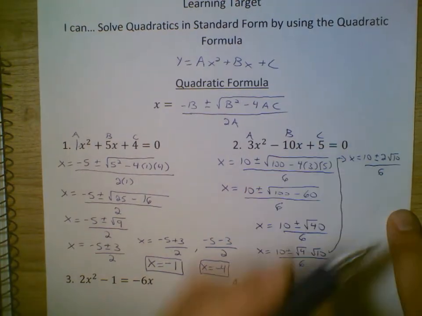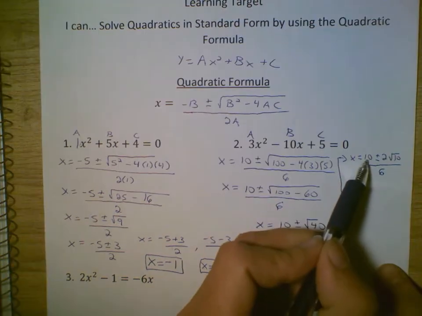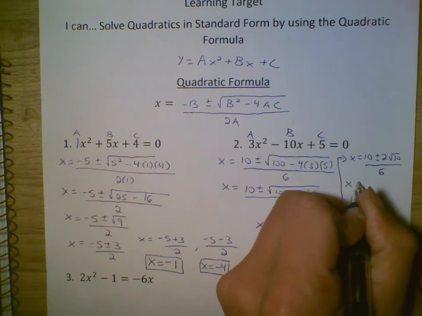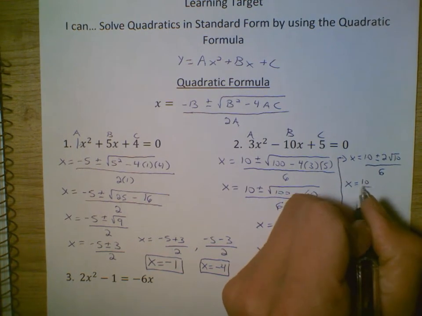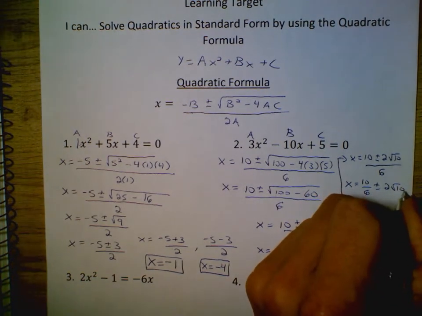And then the last thing is just some reducing here. Because everything is getting divided by 6, I can think of this as two separate fractions: 10 divided by 6 plus or minus 2 times the square root of 10 over 6.